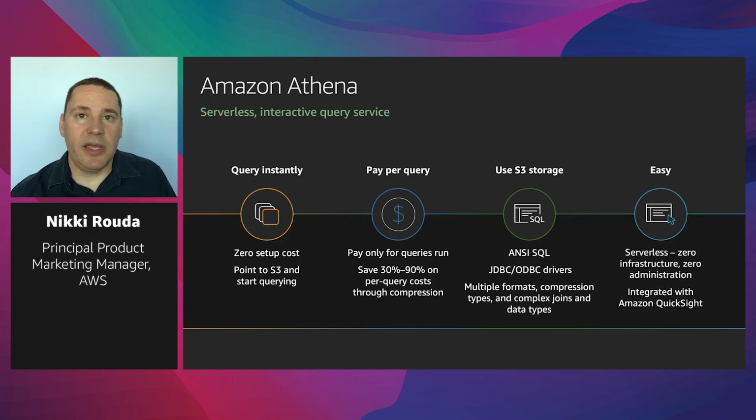Another approach to analytics, and I feel like we've gone through so many already, is ad hoc interactive analytics on the data in your data lake. So sometimes you don't need a formal approach like a data warehouse. Sometimes I don't need to do streaming analytics, but I want to get answers quickly, and I want to be able to look directly at the data in the data lake.